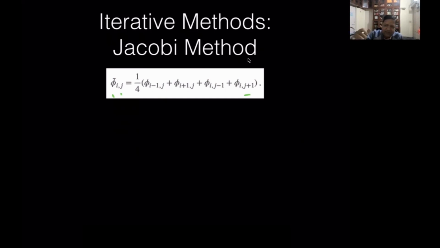So what we do is we start with a random guess. You just fill up the grid with guess values. Of course, the boundary condition is specified already, so you have to set the boundary condition appropriately. But inside, you just put a guess value, where you know the solution somewhat.